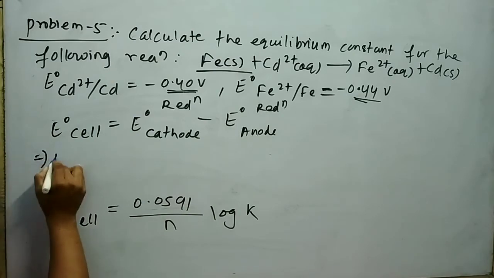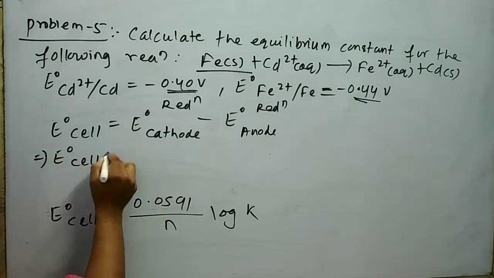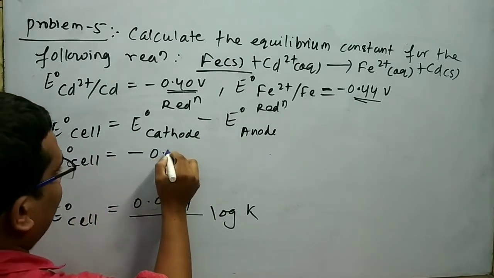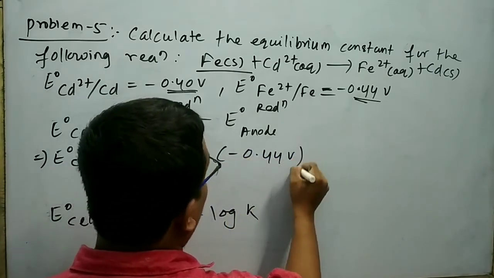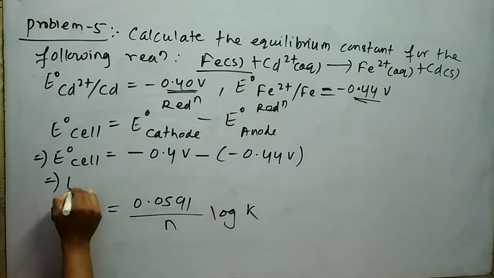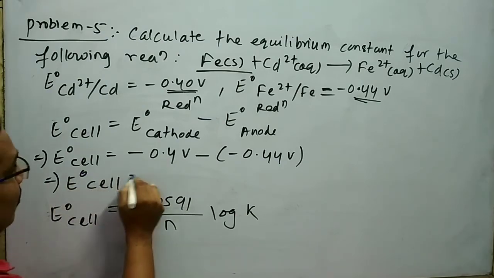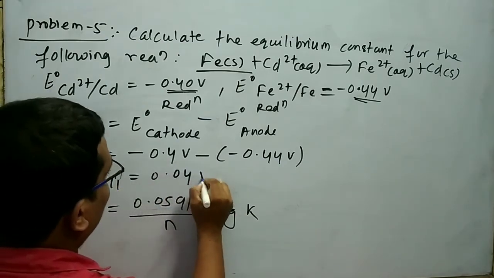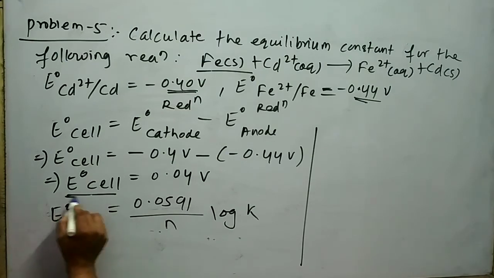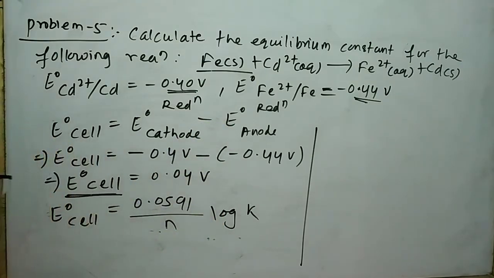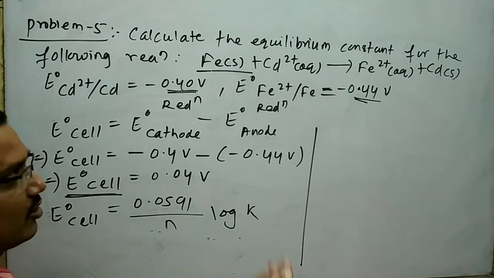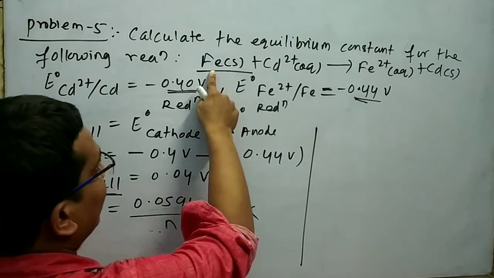So I can write E0 cell equal to minus 0.4 volt minus of minus 0.44 volt. After solving, I can write E0 cell equal to 0.04 volt. Now put the value of E0 cell here and put the value of n here. Here the value of n is 2 because 2 electrons are transferred from iron to Cd2+.